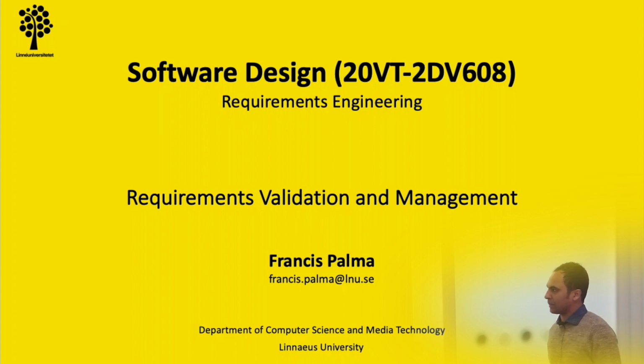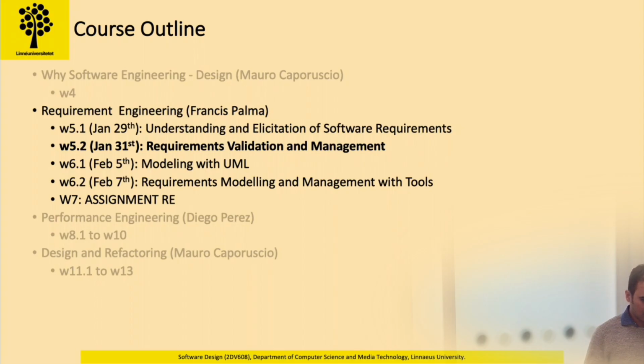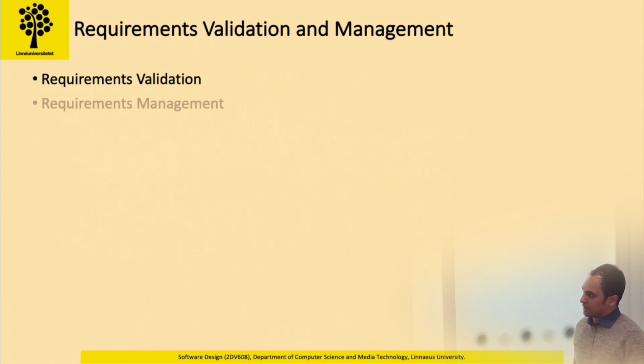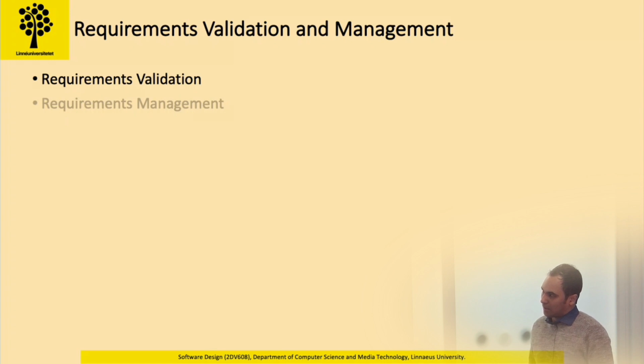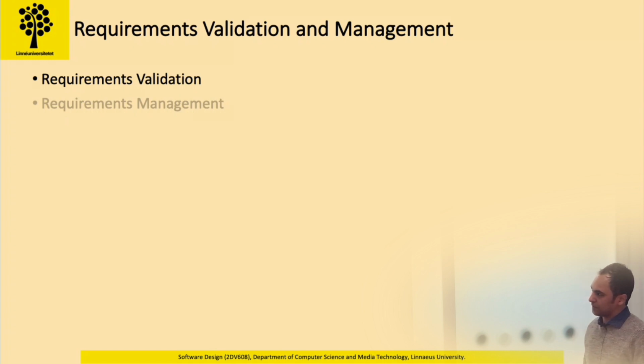So we will basically look at some checklists, like how we can validate requirements using a more systematic approach, and also how we can manage the requirements once they are documented and defined. So there will be two parts for this lecture. One is requirements validation, and another one is requirements management. And I will try to go a little bit faster because last time it was a little bit longer than expected, and maybe there was too much content also.